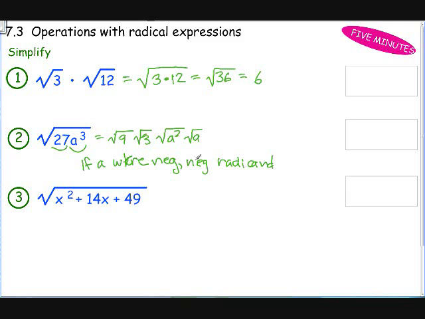For a square root, we know this doesn't have the 2 there, but when there's no number there, we know it's a square root.